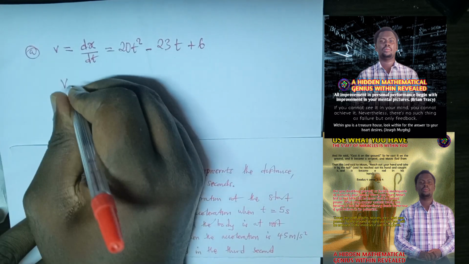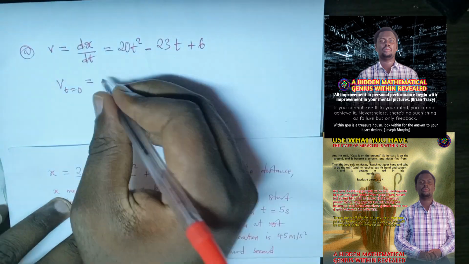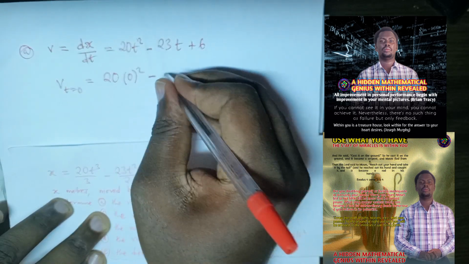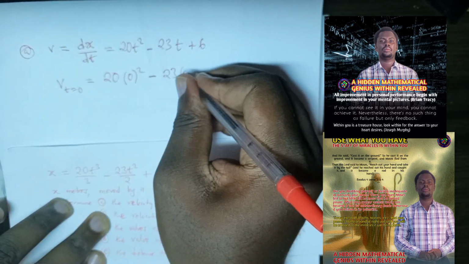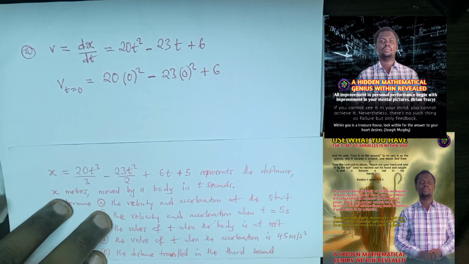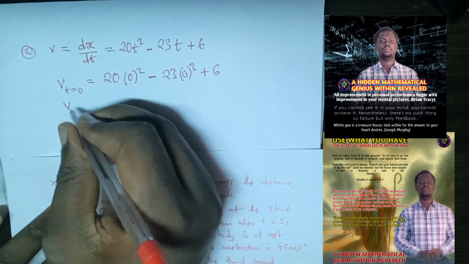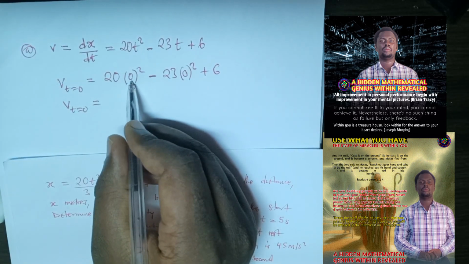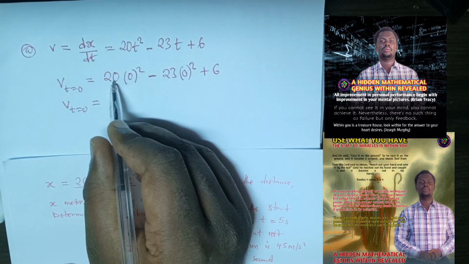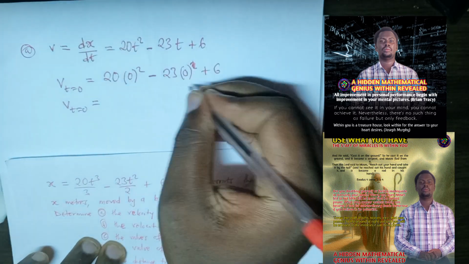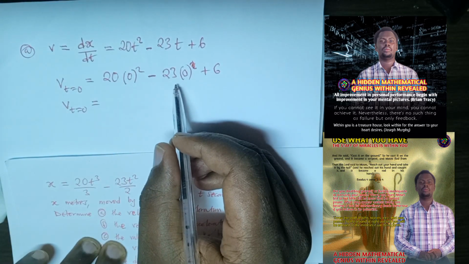So v of t equals 0 is equal to 20 times 0 squared minus 23 times 0, plus 6. 0 squared is just 0, 0 multiplied by 20 is just 0, 0 multiplied by 23 you get 0, then plus 6.